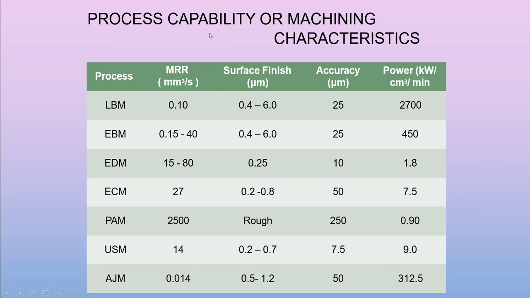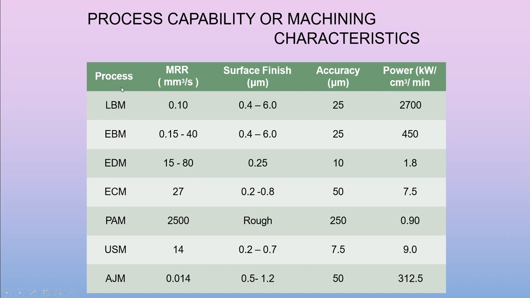And these are the process capabilities or machining characteristics of the different machining processes. For LBM and the others, you have MRR, surface finish, accuracy and the power requirement for the various processes.